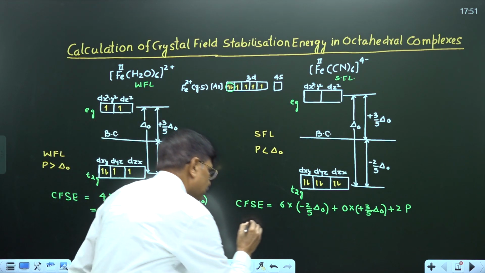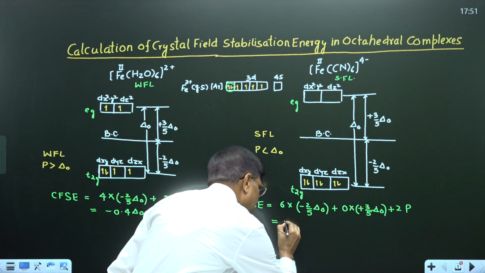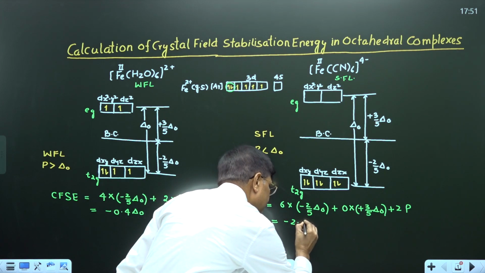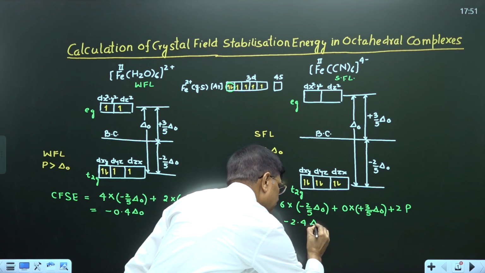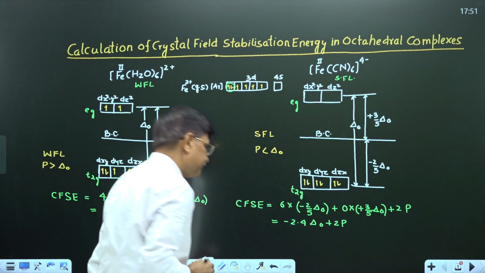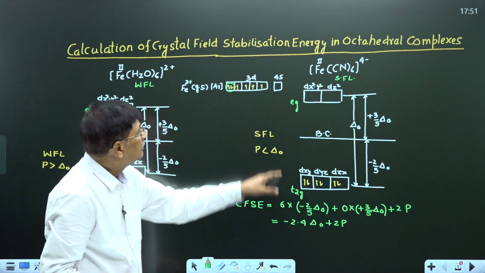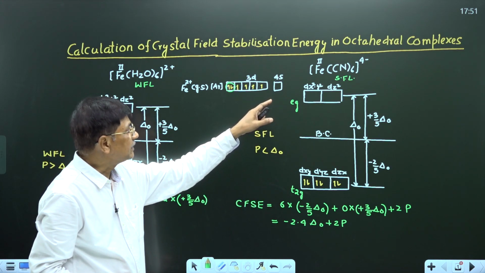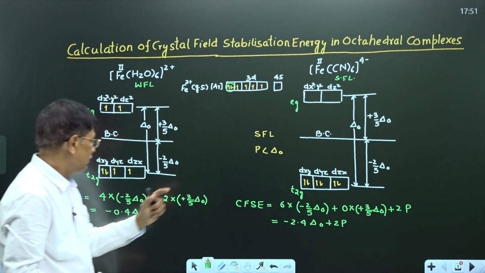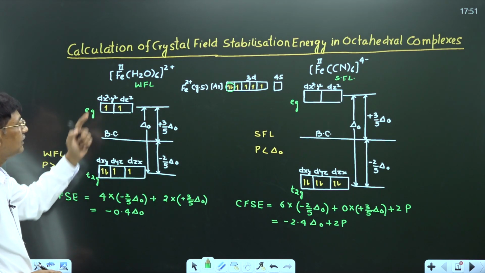So its value will be minus 2.4 delta O plus 2P. This will be the CFSE value for this hexacyanidoferrate(II) ion, while this will be the CFSE value for this hexaaquairon(II).